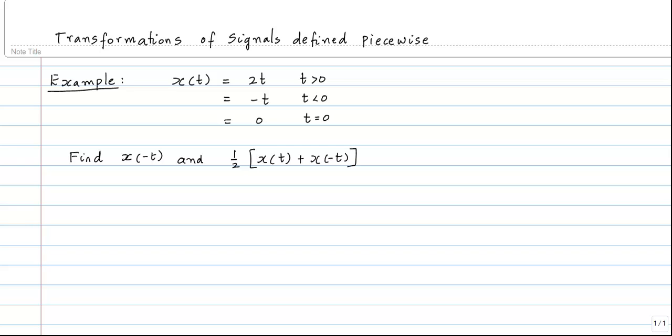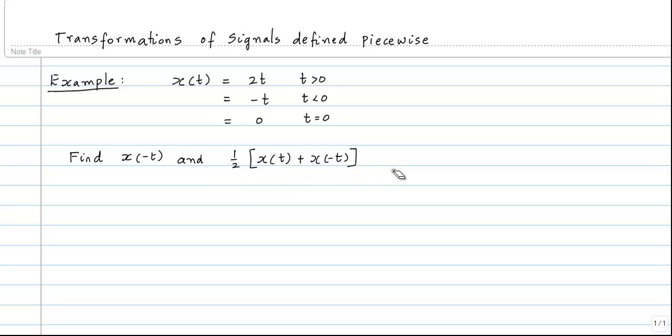And using that, I would like to find an expression for half of x of t plus x of negative t. Now, a little bit later on in the course, you will see that this is also what is called the even part of the signal x of t, but that is not particularly relevant for this example right now.